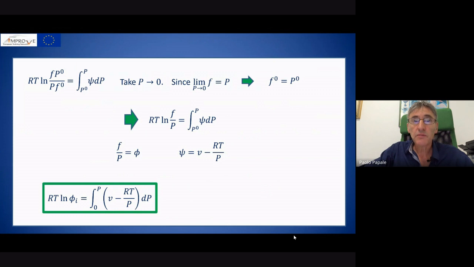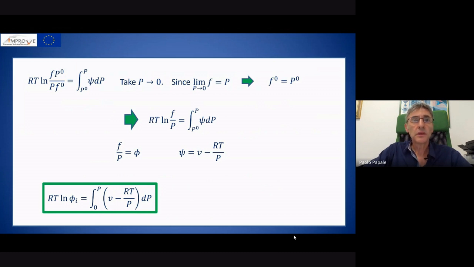Very important, remember that integration must be done at constant temperature, equal to system temperature, in order to satisfy the definitions of chemical potential and fugacity, as we know well from lessons 2 and 3.